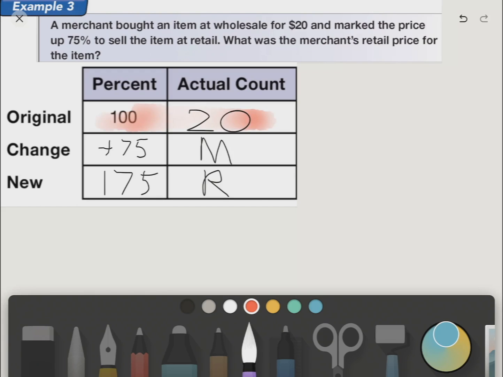So once again, we can bring these across. We can bring these across. So we'll have our 100%, which, you know, it kind of makes things simple when you're always working with 100 in the problem in there somewhere. And then 175% is our ratio to that.